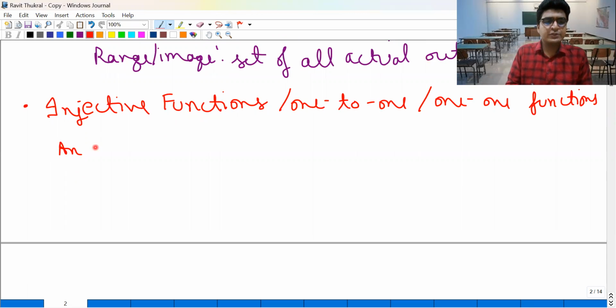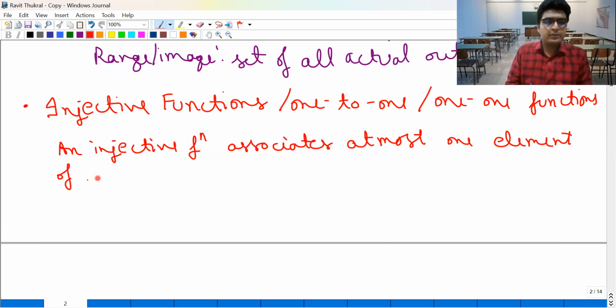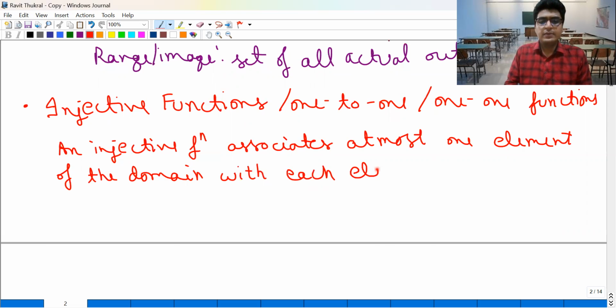So an injective function associates at most one element of the domain with each element of the codomain.